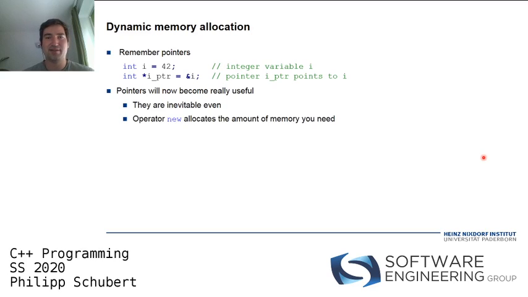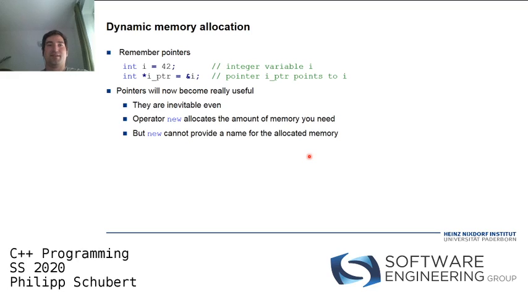And operator new allocates the amount of memory that you need. But the problem here really is that operator new cannot provide a name for your allocated memory. So it cannot just make up variable names. And therefore, the only way really to communicate with the memory that you get from the heap is pointers.